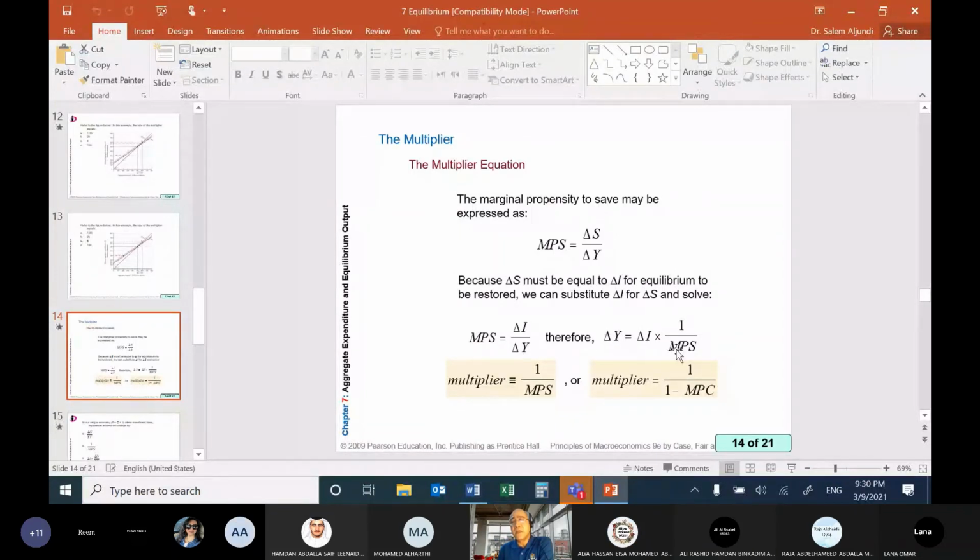Why? Because the multiplier is 4. The multiplier then is 1 divided by marginal propensity to save. Marginal propensity to save also equals 1 minus marginal propensity to consume. So keep this in your mind, because it is important to understand the next chapter.